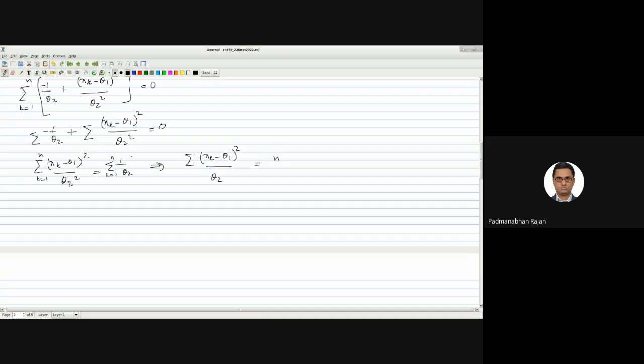This is going to be 1 if I remove the theta 2, and summed n times it will be n. So this implies theta 2 is nothing but 1 by n sigma (xk minus theta 1) whole square, k goes from 1 to n.